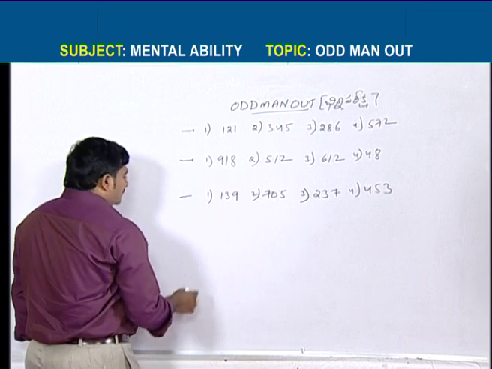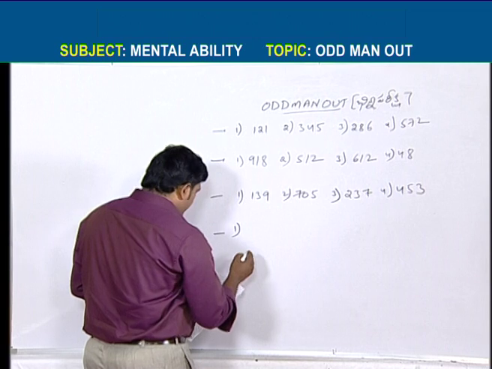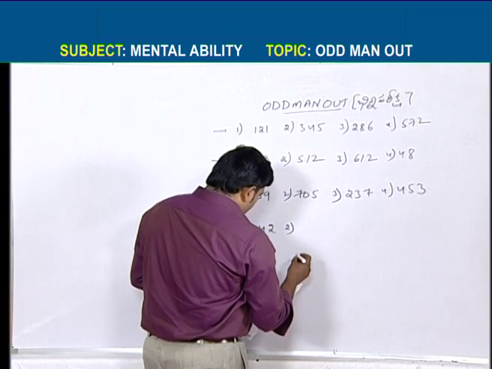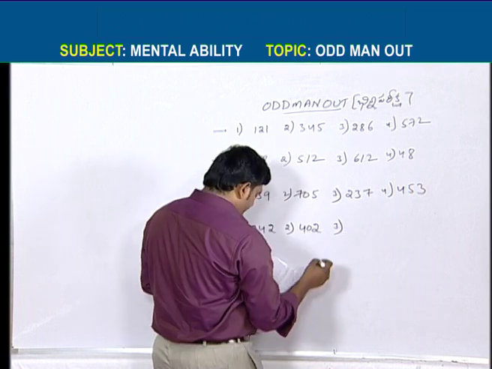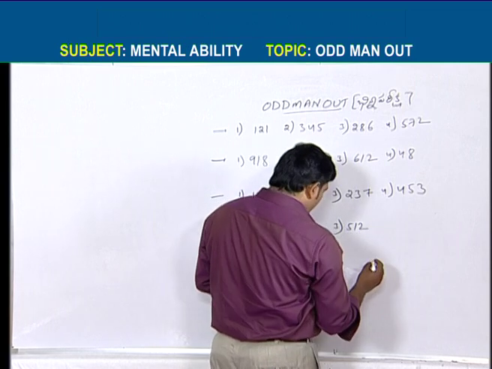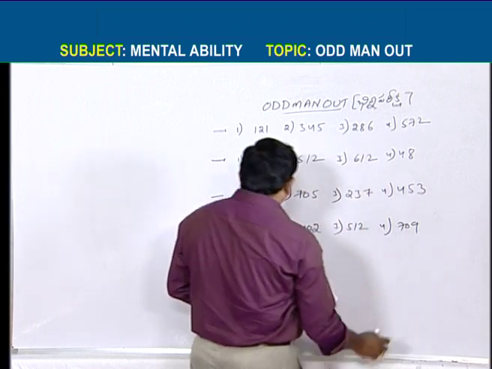Now the next question: first option is 342, second option is 402, third option is 512, fourth option is 709.